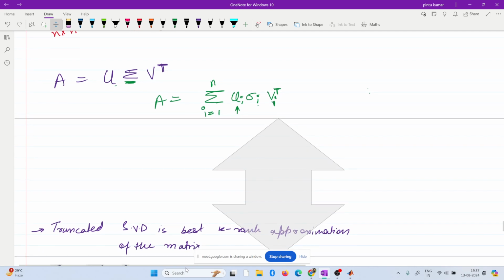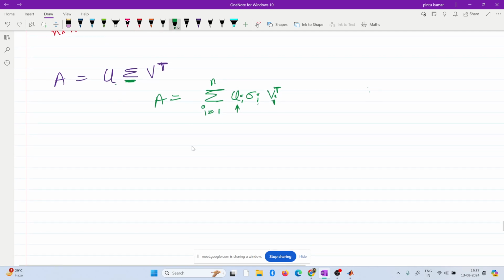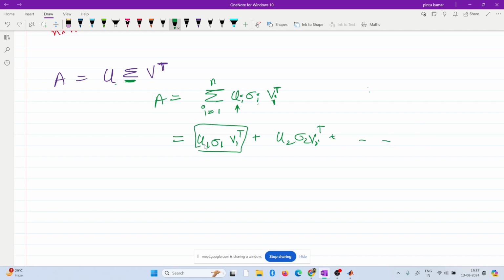Now, this is the summation of n terms. So you will have U1 sigma 1 V1 transpose plus U2 sigma 2 V2 transpose. So all these matrices that you will obtain, this is a column matrix, right? This is a row matrix. So column times row would be a full matrix, right?